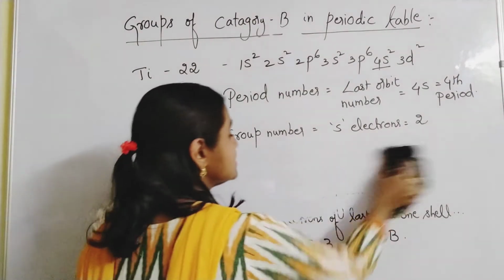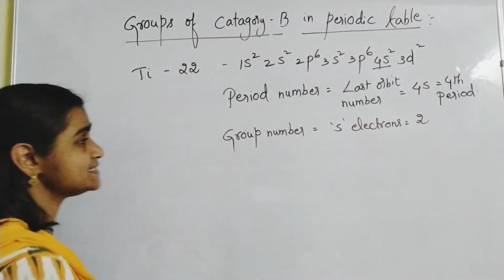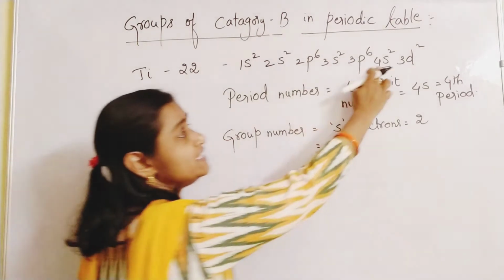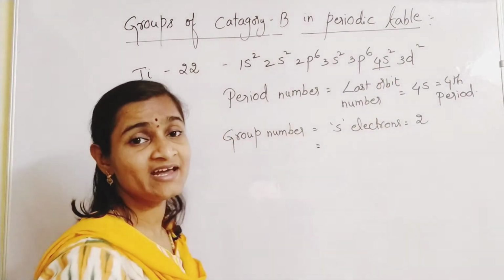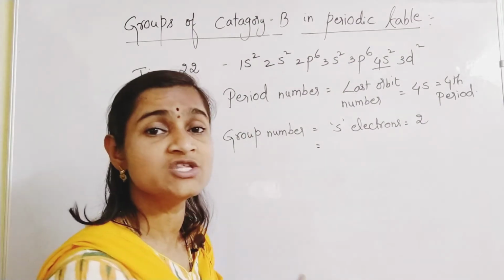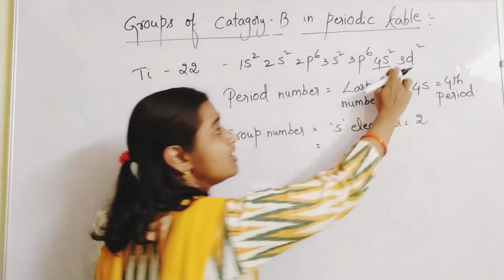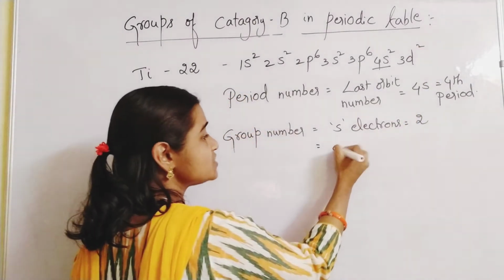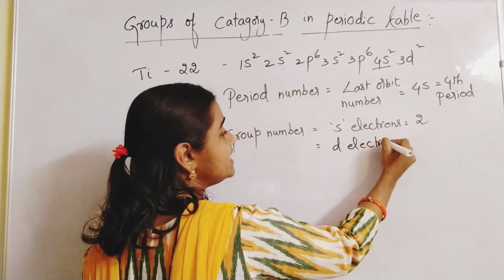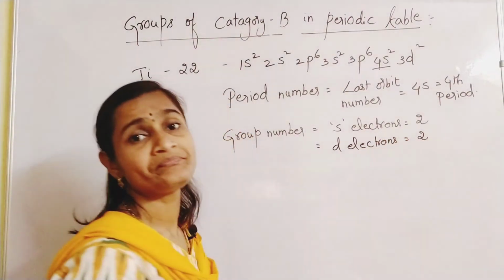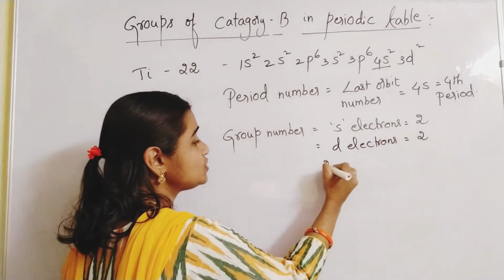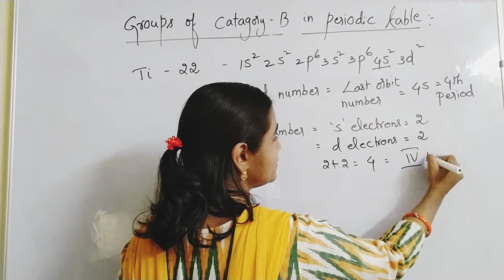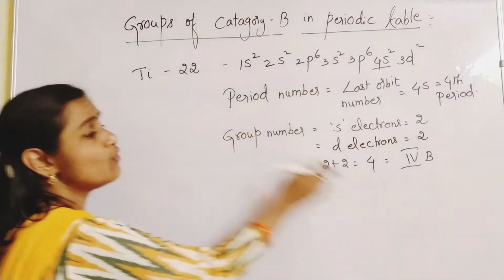To find the group number, I am asking you to add s electrons of last orbit and d electrons of last but one shell. So s electrons are 2 and d electrons of third orbit, the last but one shell, are also 2 only. So 2 plus 2 is how much? 4. So titanium belongs to fourth B group.